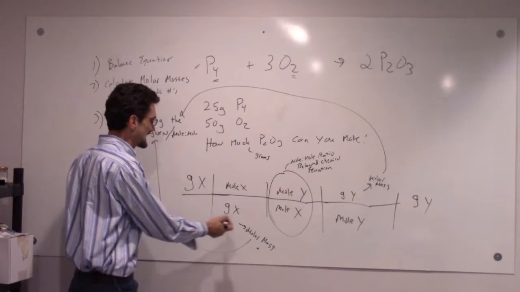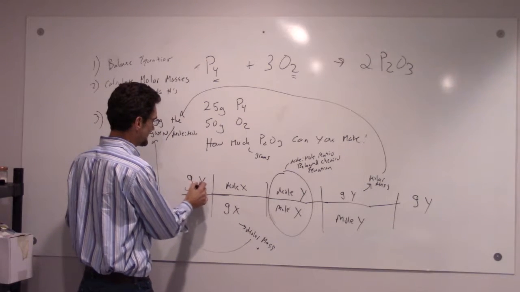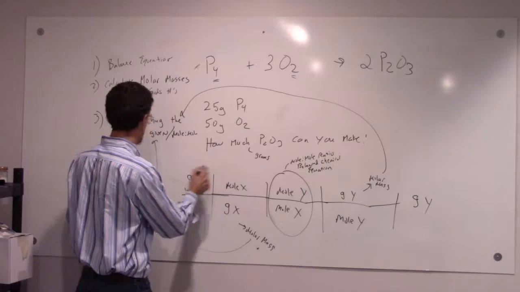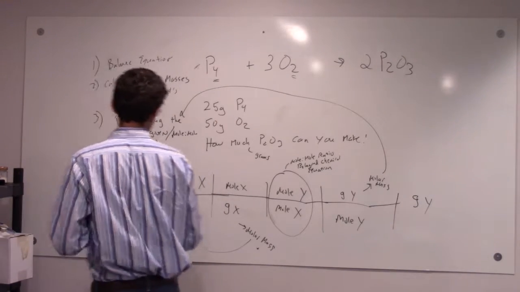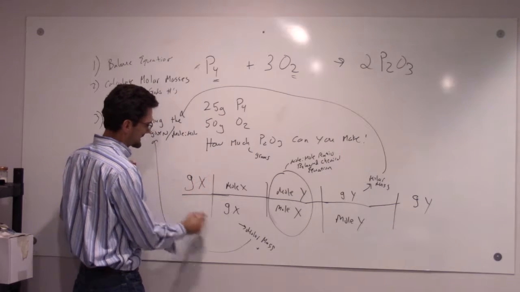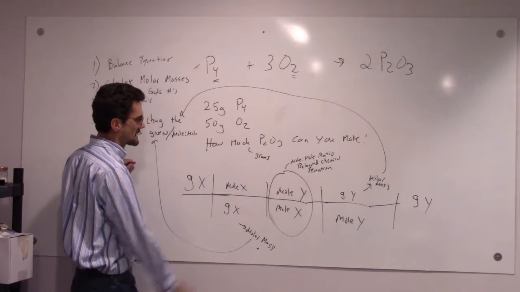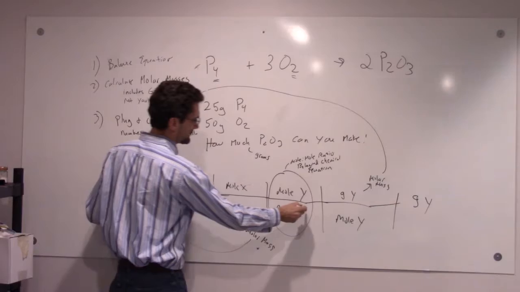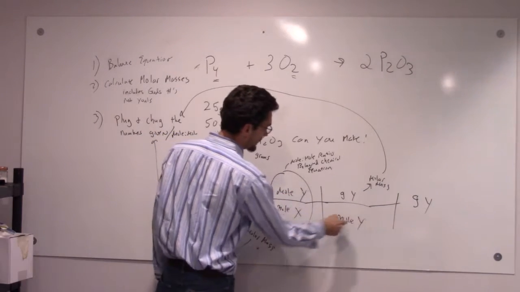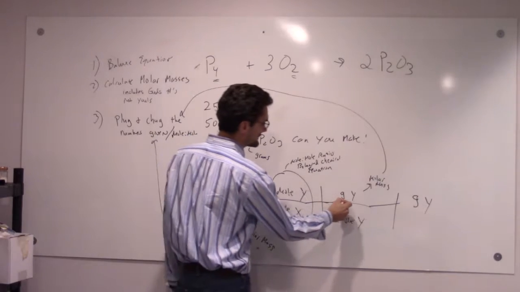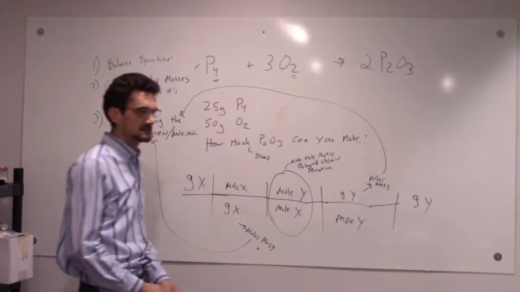For instance, grams of X cancel grams of X, moles of X cancel moles of X, moles of Y cancel moles of Y, leaving your answer in grams of Y.